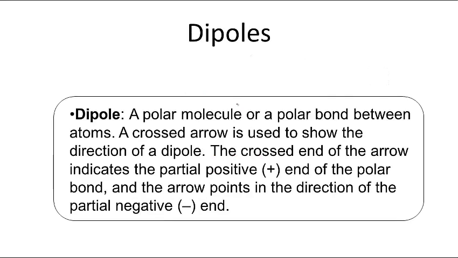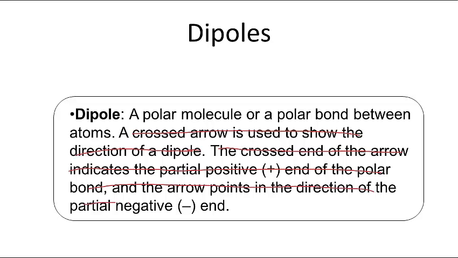Okay, so a dipole is a polar molecule or a polar bond between atoms. You don't need to write this whole part about a crossed arrow being used to show the direction of the dipole. This is a little bit too much.